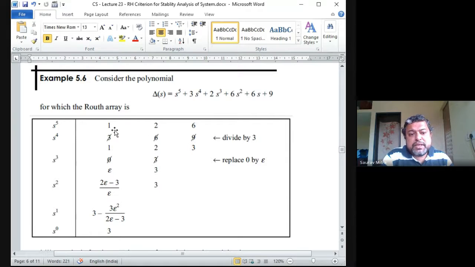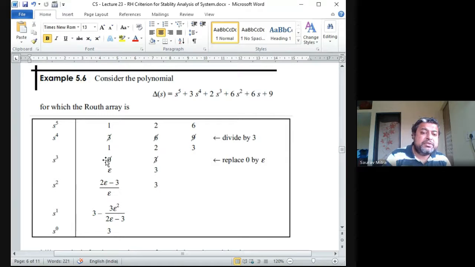So what we have to say is the first row is 1, 2, 6, the second row is 1, 2, 3. Actually it was 3, 6, 9, and it has become 1, 2, 3. If you are calculating s cube, the first element becomes 0. Other things, second element, that is 1 into 6 minus 1 into 3, that is 6 minus 3 by 1, this is equal to 3. Okay, so no problem in that. Second element is 3, so that is not a problem, but the first element has become 0.